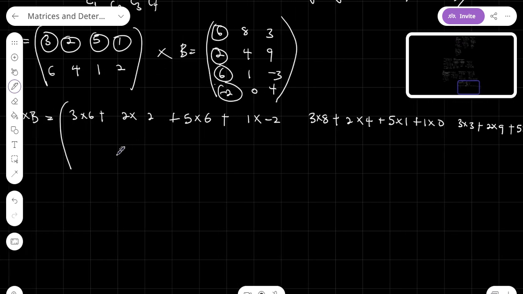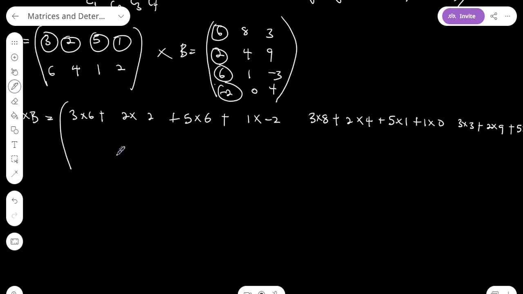Now, row 2, we do likewise. So row 2, we multiply column 1, multiply column 2, multiply column 3. So we have 6 multiplying 6 plus 4 multiplying 2 plus 1 multiplying 6 and then plus 2 multiplying minus 2.